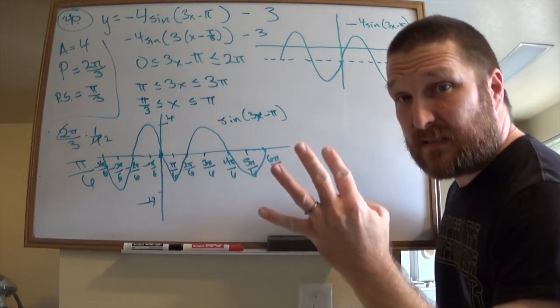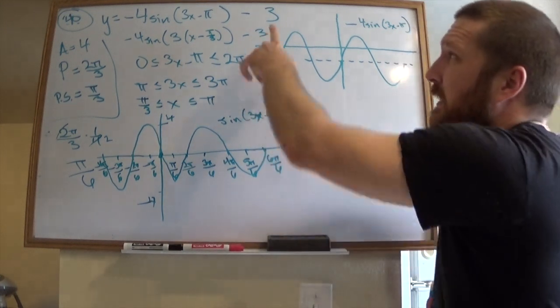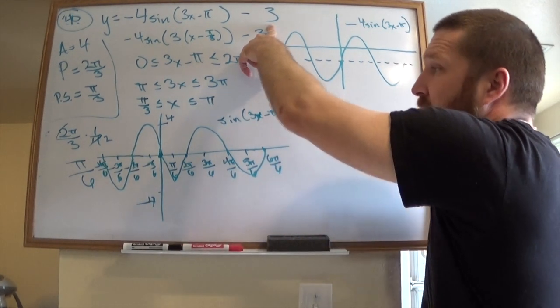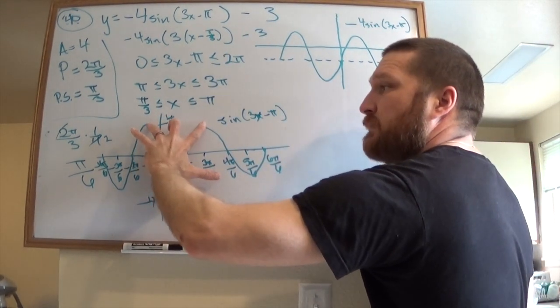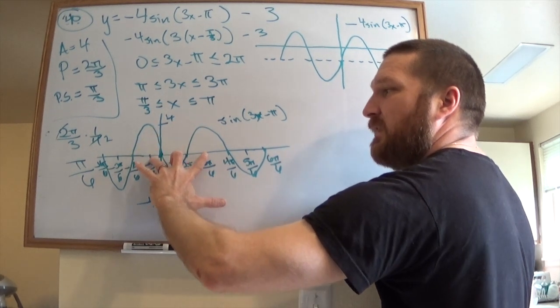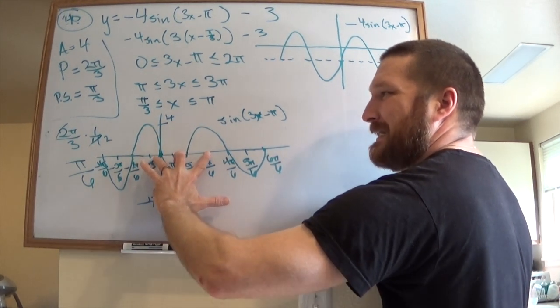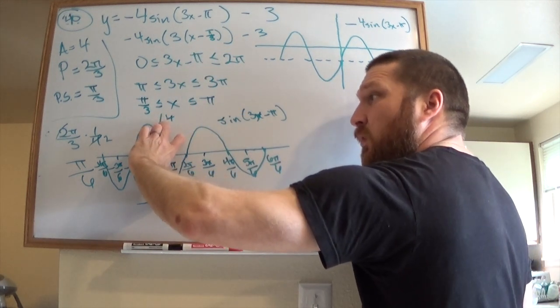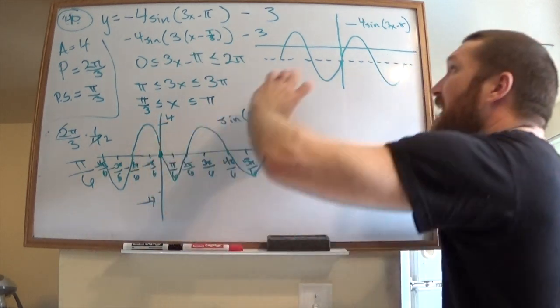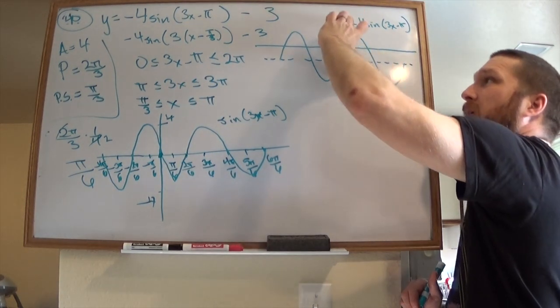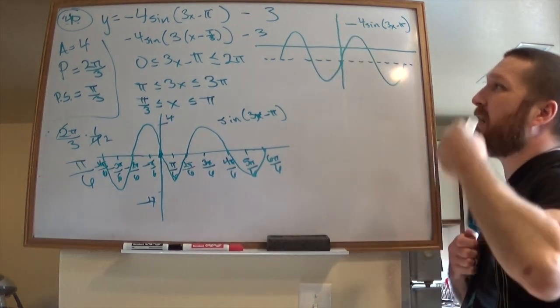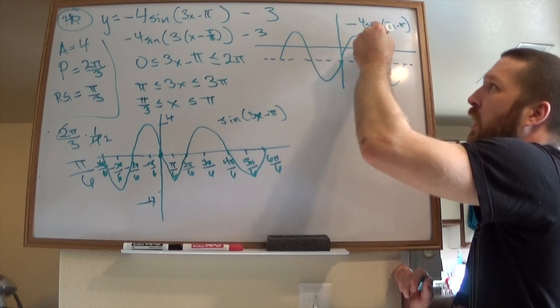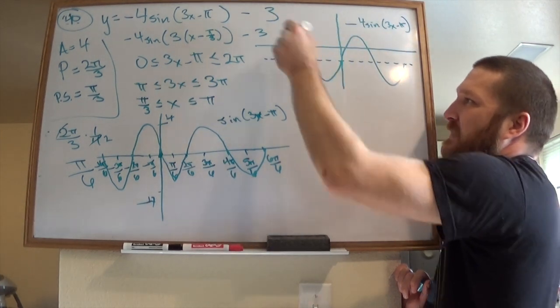If we were shifting down by a factor of 4, then all these tips right here, if they come down exactly 4, would touch exactly at the x-axis. But here I have something of a height of 4, I'm only shifting it down by 3, and that's how I know it's only going to come down to there. So that's how I know to draw the x-axis right there.